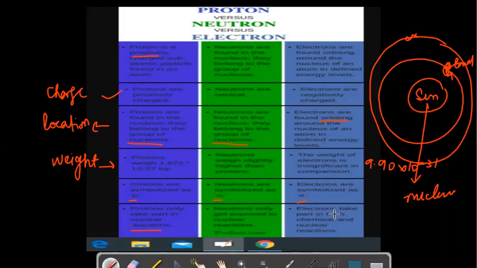And the last one is the electron. The electrons are basically the ones which are involved in the formation of the various types of substances which you see around. Without the participation of the electron, you won't be able to see various types of substances around yourself. Okay, this was the basic comparison between the proton, neutron, and the electron.